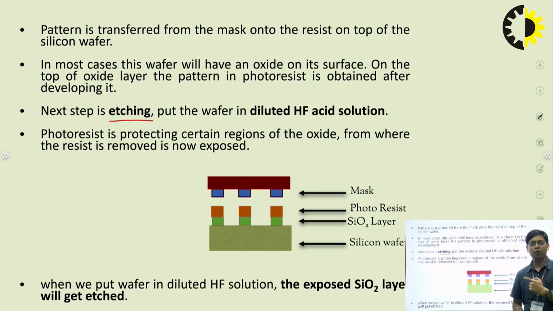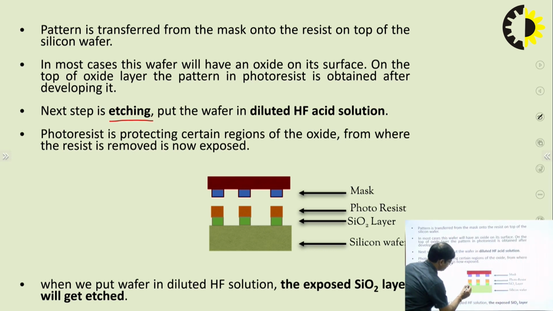So, from those areas where we have removed the photoresist in the developing step, now in the next etching step, from those areas the SiO2 layer is to be removed, and here we are using a diluted hydrofluoric acid solution. So, we can see here the SiO2 layer is removed from these areas.